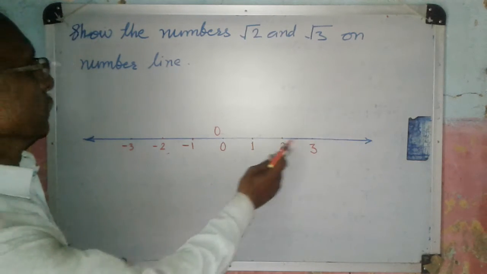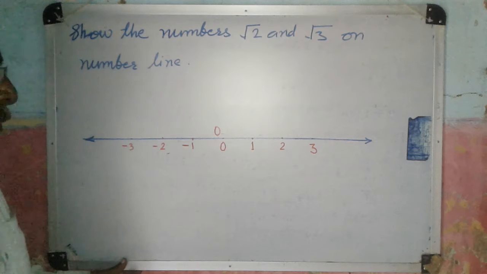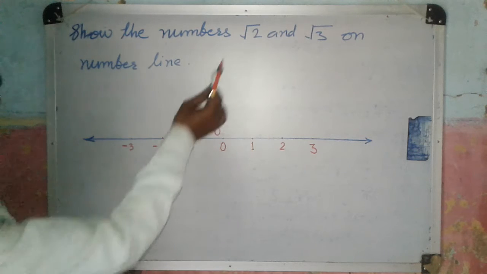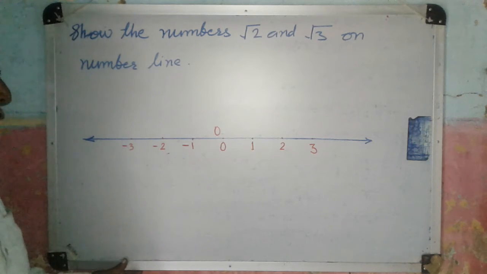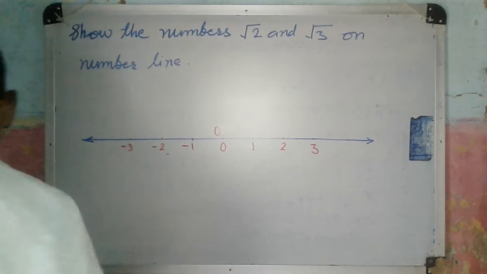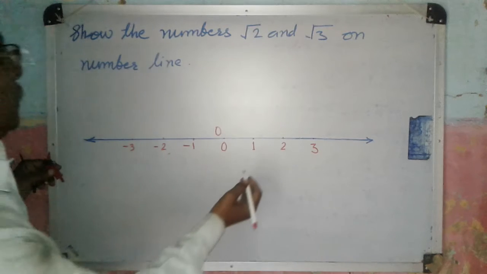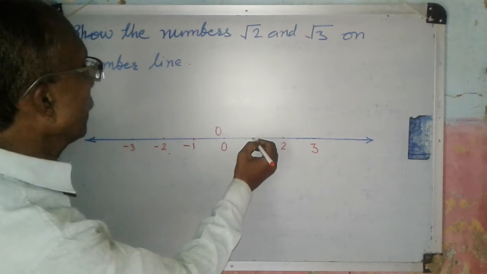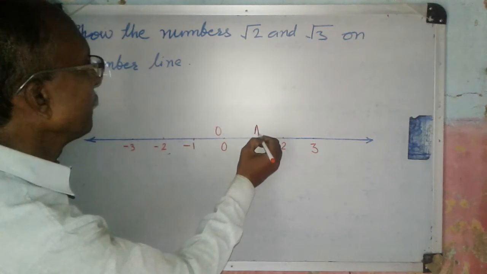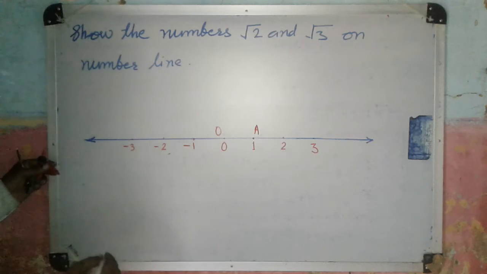On the right of the 0 there are positive numbers. On the left there are negative numbers. Now first we will show root 2. So here we have to do the geometric construction. Now see here, suppose this is point A and its coordinate is 1.